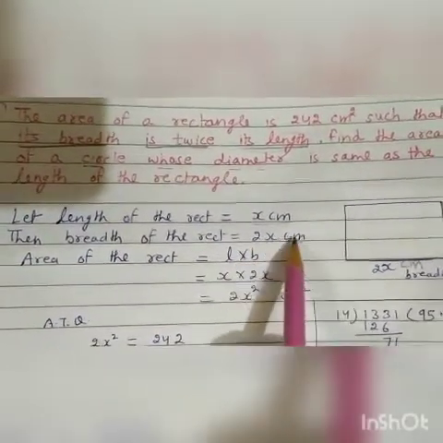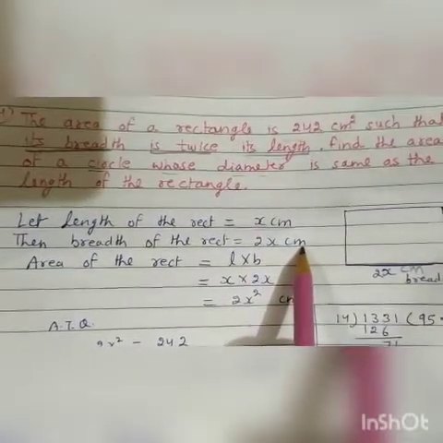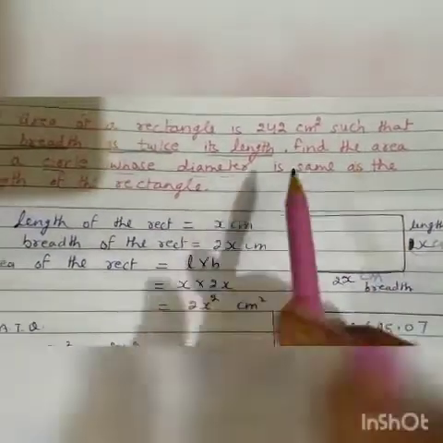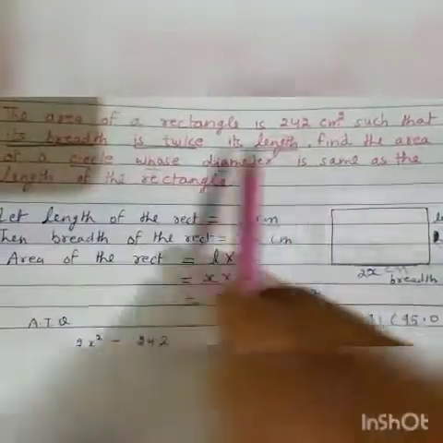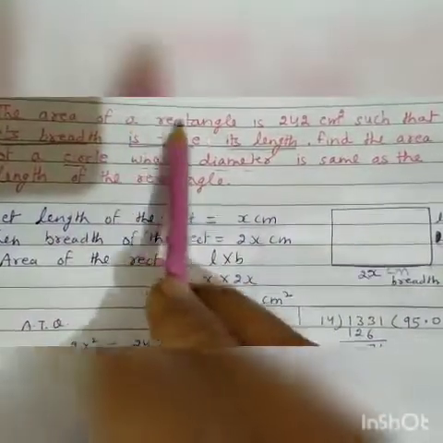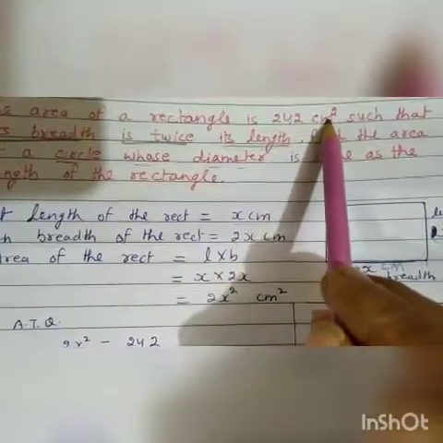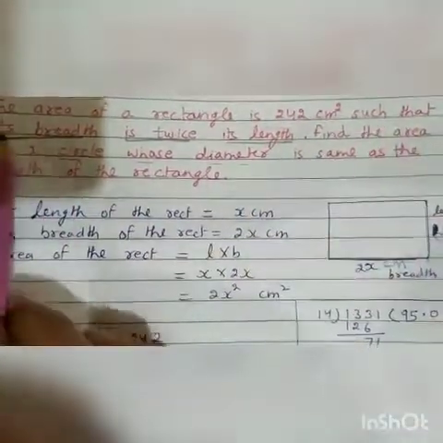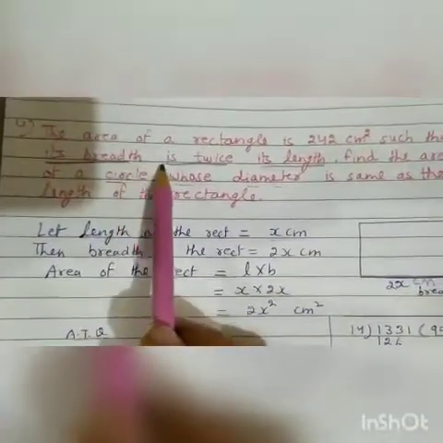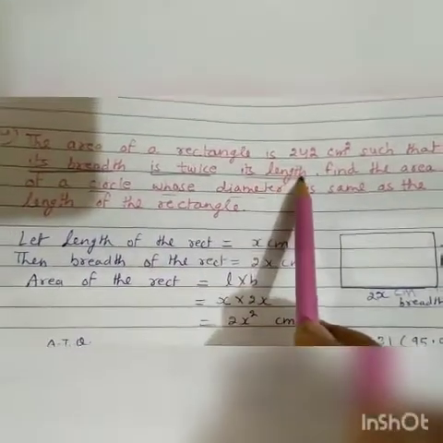2x centimeter. Again try to understand it. What is written in the question? The area of a rectangle is 242 square centimeter such that its breadth is twice its length.